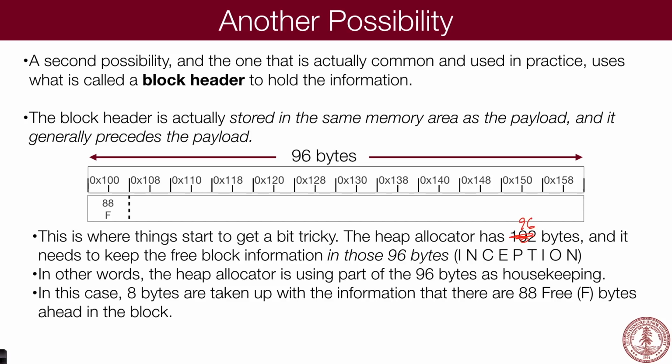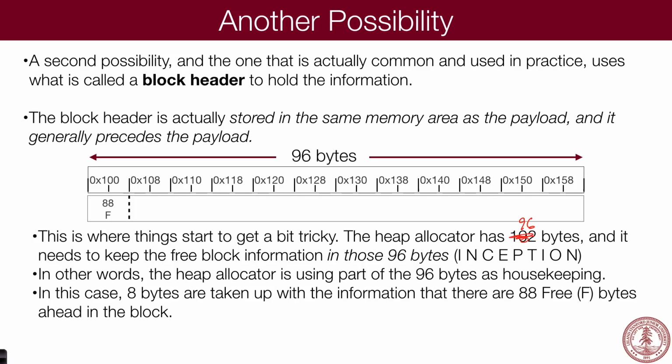Good question. What if you have a spot where you have just enough space to store a header, but not any space for the block? If you have just enough space to store the header and no space for the block, are you going to even bother storing that header? No, you probably don't even want to. You just want to make the previous block get that information as well. You're going to have to think about these things.